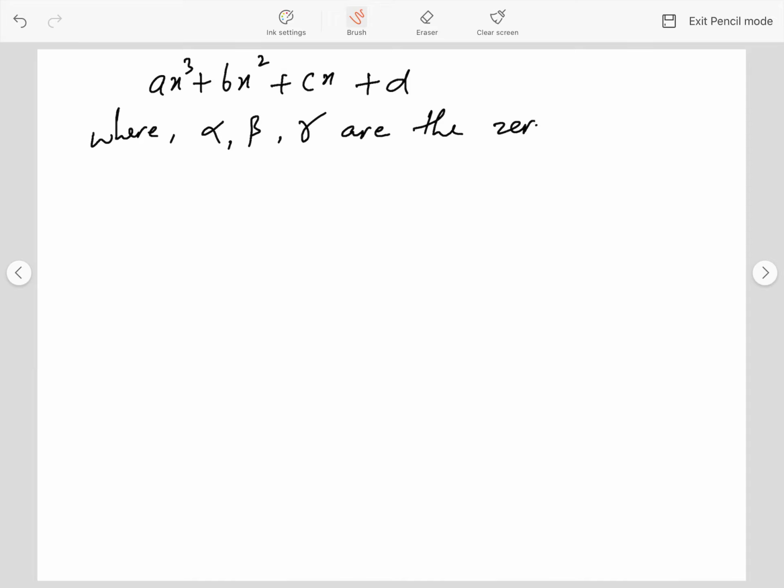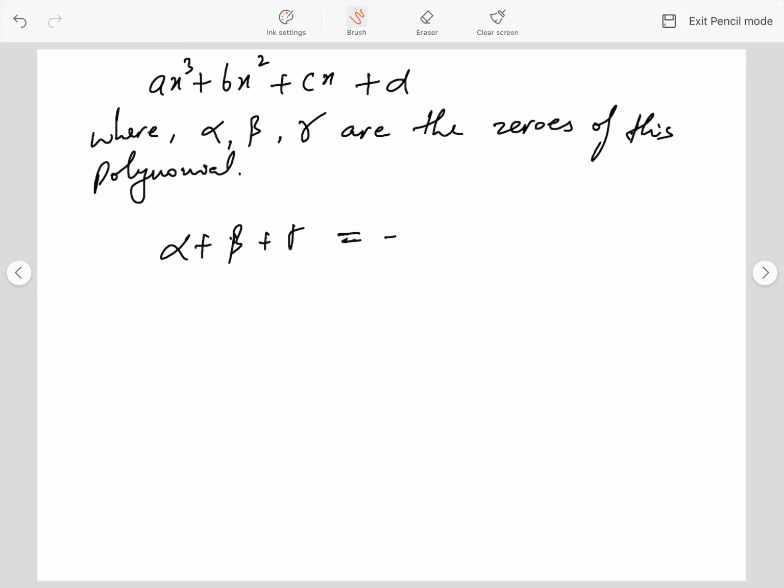Okay, so now if we take this cubic polynomial in the general form as ax cube plus bx square plus cx plus d, where alpha, beta and gamma are the zeros of this polynomial, we can say that the sum of zeros, that is alpha plus beta plus gamma, will be equal to minus of the coefficient of x square by the coefficient of x cube, that is, minus b by a.